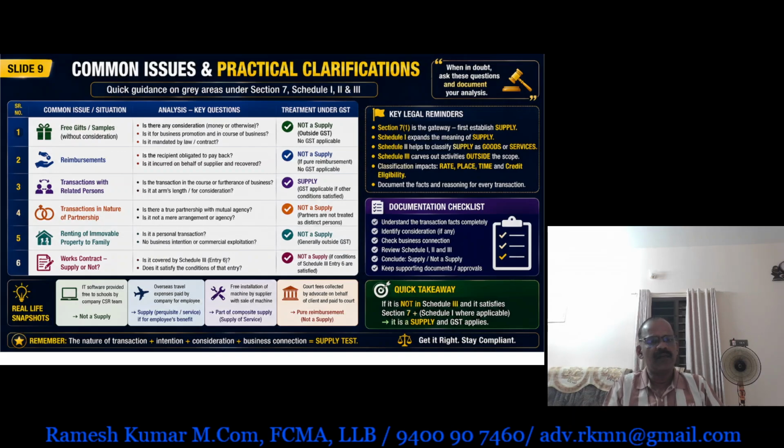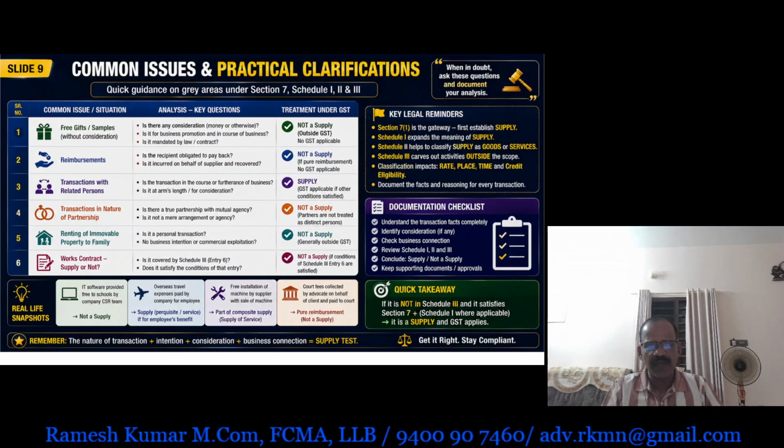And thirdly, transactions with related persons. Even where payment is absent, Schedule 1 may become relevant if the statutory conditions are satisfied. And fourthly, transactions within a partnership arrangement. We must examine the true nature of the arrangement. A genuine proprietorship and a transaction between separate taxable persons may have different consequences. So the practical lesson is very, very simple.